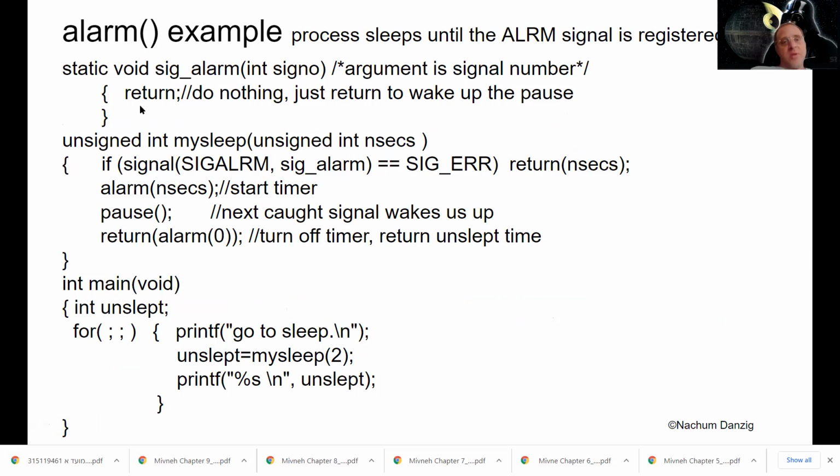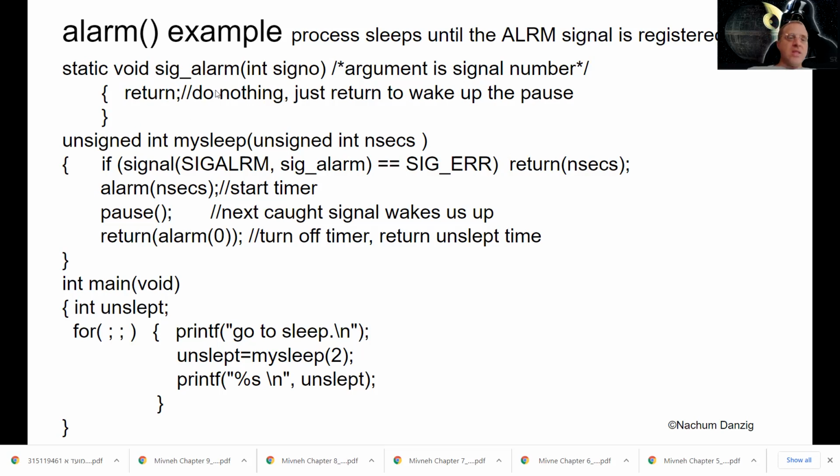It's a little bit complicated the way I did it, but let's look at how we do it. First of all, I make my own function, which I called sig alarm. I could have called it Alpha Romeo. It does nothing. It just returns. I could have even nothing there, just open and close braces. It just returns to wake up the pause.